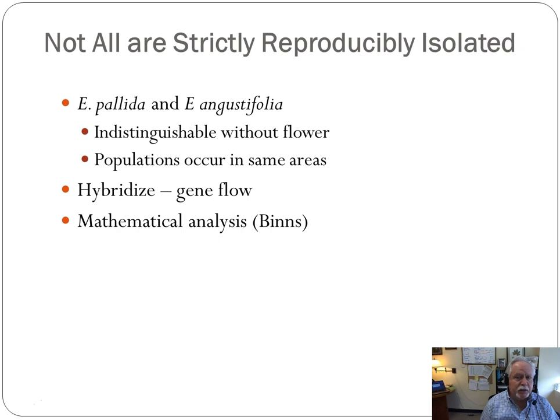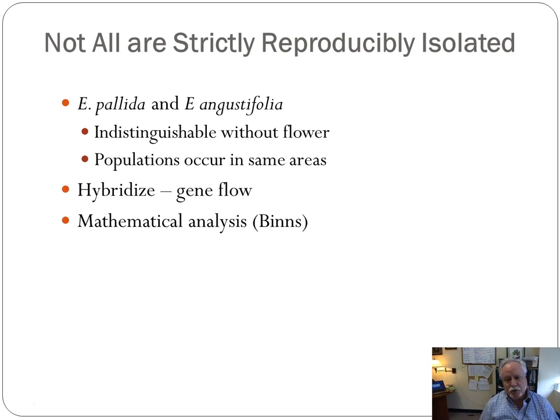So Echinacea pallida and angustifolia are indistinguishable without their flowers, morphologically speaking. They grow in the same area. They will cross with each other, and you'll get genes moving back and forth. And so therefore you'll get a hybridized plant, which is a mixture of the two. Well, when it comes to ensuring, we've already seen that the phytochemical distribution can be different. So how do we account for that then when we begin to make medicine?